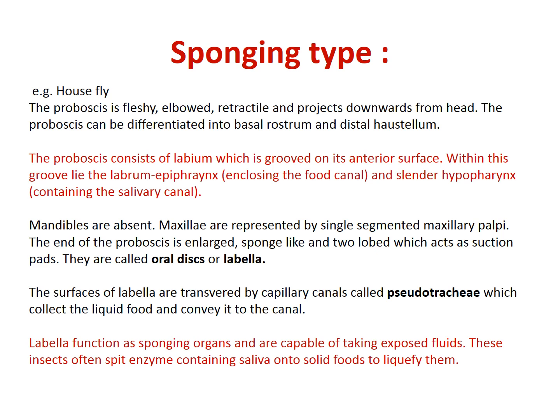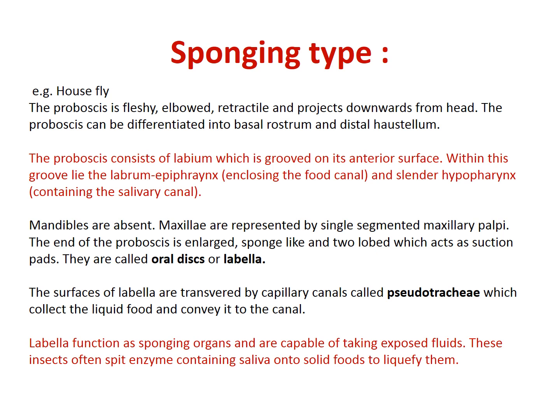Within this groove lies labrum or the epipharynx enclosing the food canal and slender hypopharynx containing the salivary canal. Mandibles are absent here. Maxillae are represented by a single segmented maxillary pulpi. The end of the proboscis is enlarged, sponge-like and two lobes which act as a suction pad. They are called as oral disc or labella.